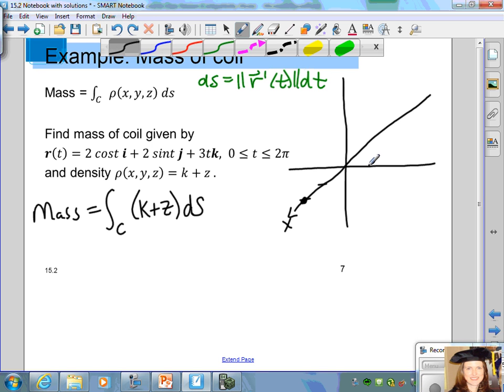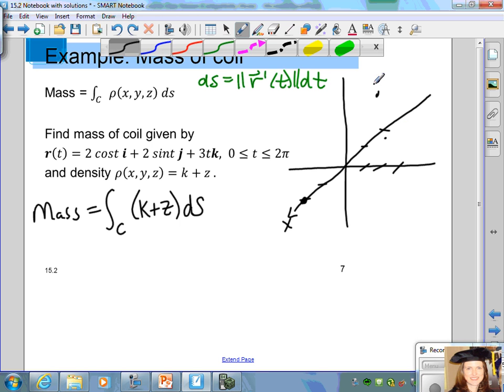In fact, when t is equal to pi over 2, the location of the coil is 0 units in the x direction, 2 units in the y direction, and up 3 pi over 2. And at t equals pi, the location is negative 2, 0, and 3 pi.